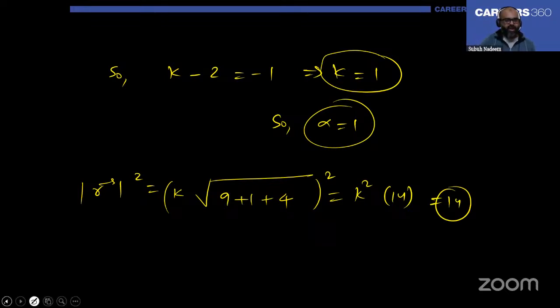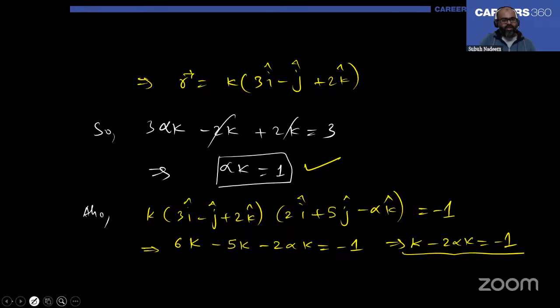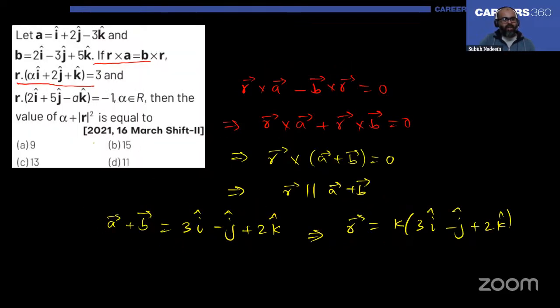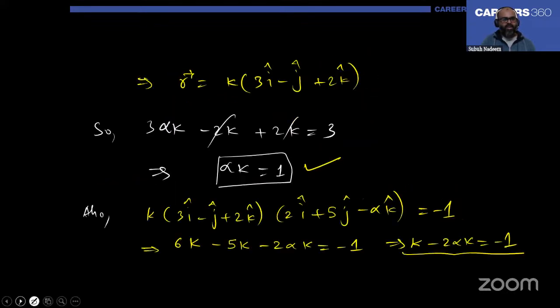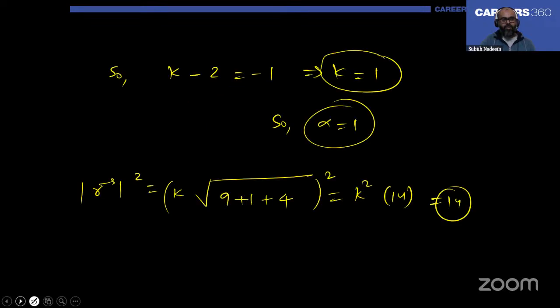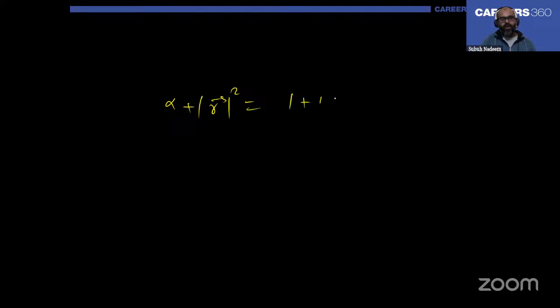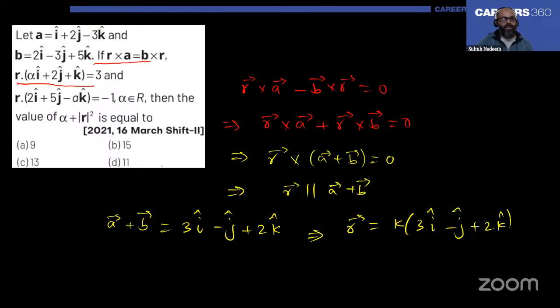So when we write alpha plus mod R square, alpha is 1 and mod R square is 14. So 1 plus 14 will become 15. So what we get here is that this value is 15. So the option, if we see, we have option B as the correct answer.